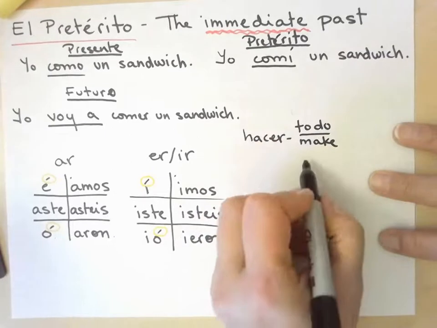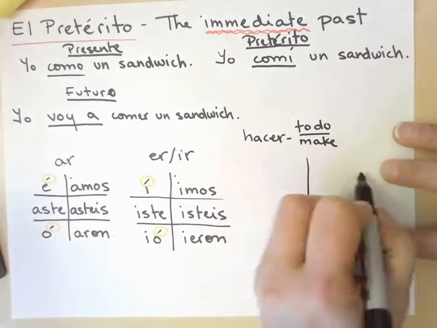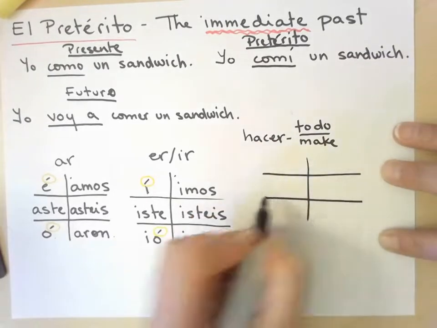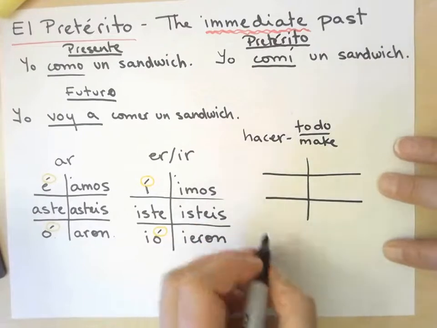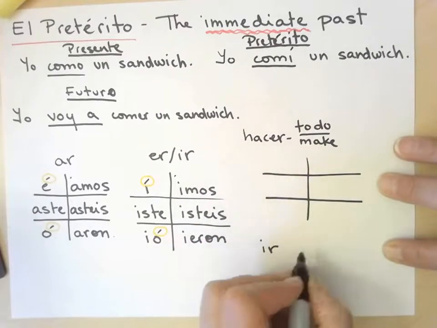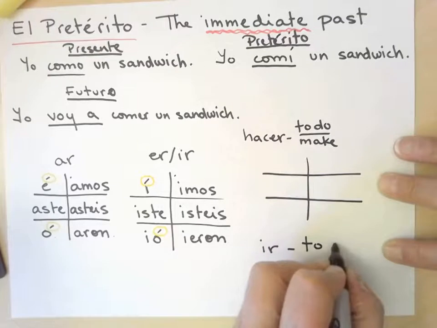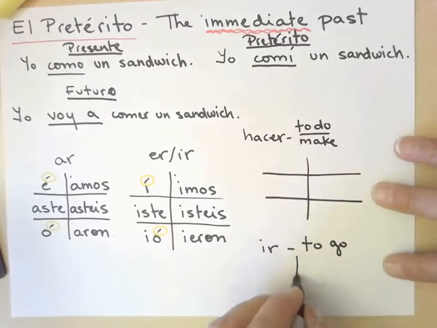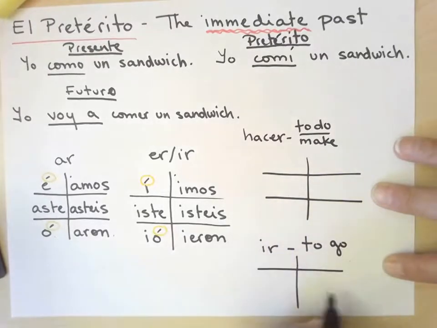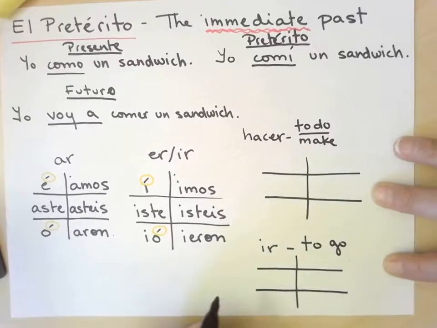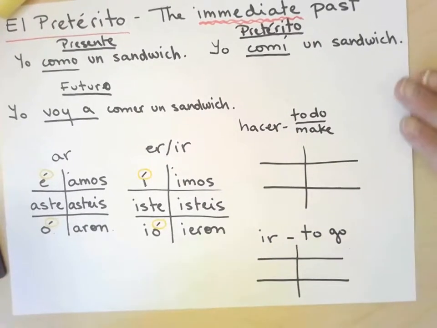Okay, let me draw it out here. And el verbo ir, which means to go. Let me see if we can squeeze it all in here, because you're going to need this for your conjuguemos. So, hacer and ir.